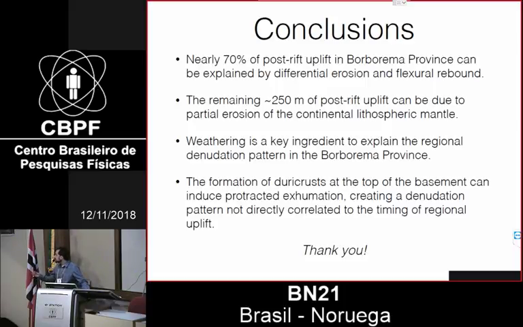And this can preserve the escarpments high for more than 100 million years. It's possible that these mechanisms can. So what is important is that the surface process are important to preserve the escarpment high, and not only the internal dynamics of the Earth.